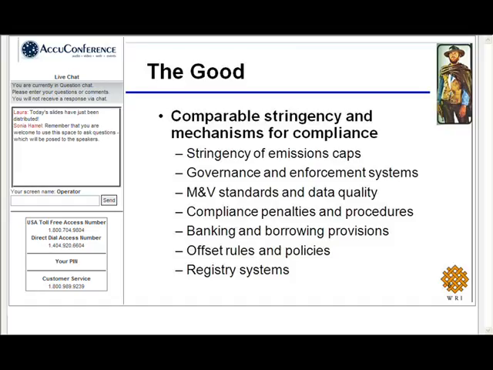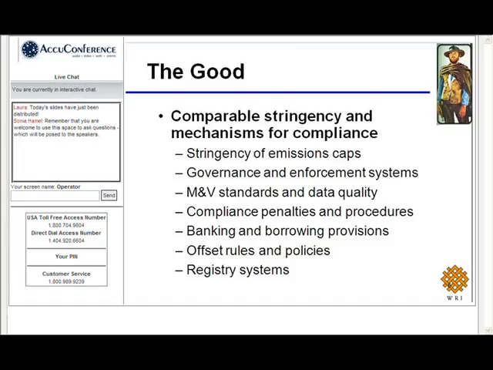The second set of considerations, I think, has to do with eligibility rules for offsets. There are some programs that may allow certain types of projects that are not allowed under other programs. If you look at the EU, for example, they recognize offsets from the clean development mechanism under the Kyoto Protocol, but they do not allow credits from forestry projects, essentially, because of concerns about the quantification and some of the risks associated with those projects.